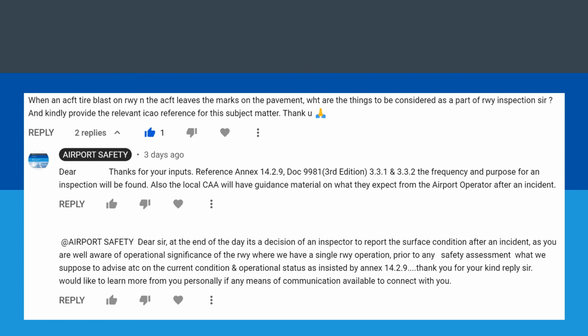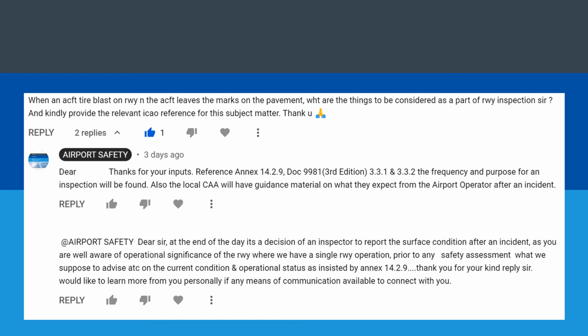So if you are conducting an inspection because an aircraft tire blast or FOD comprising of aircraft undercarriage was found on the runway, then you should be searching or inspecting the runway for particular items, and that is to ensure that you don't have FOD on your runway.